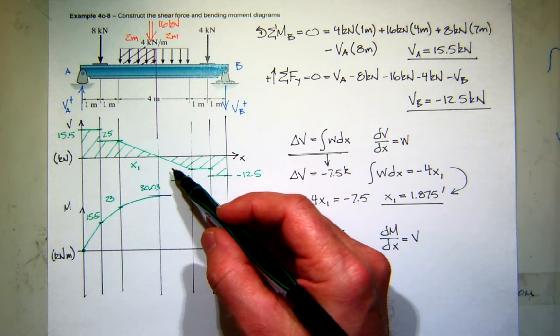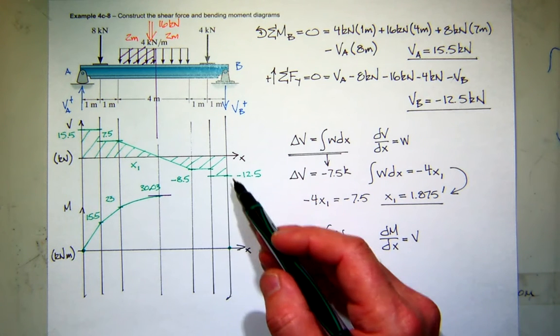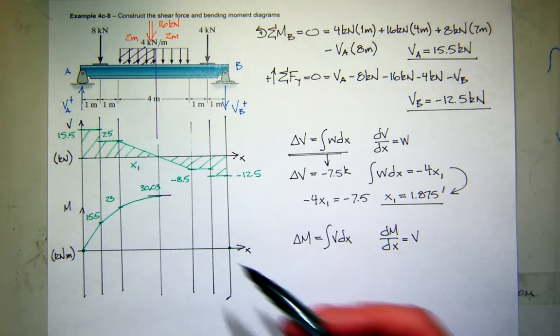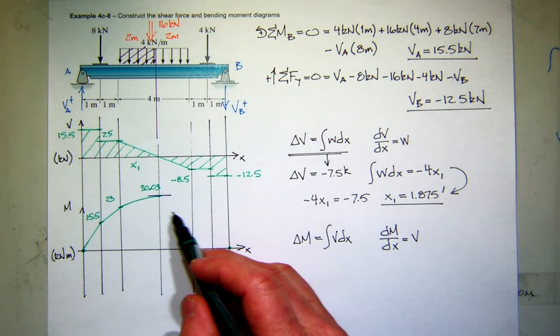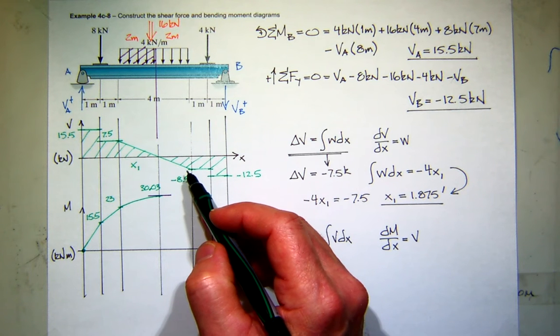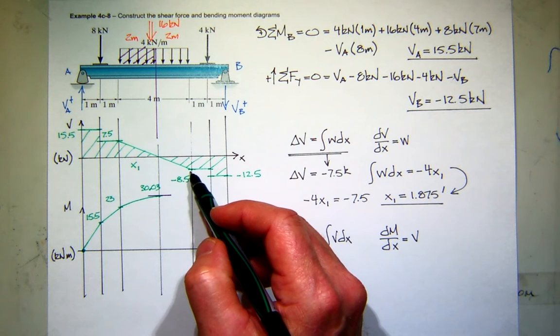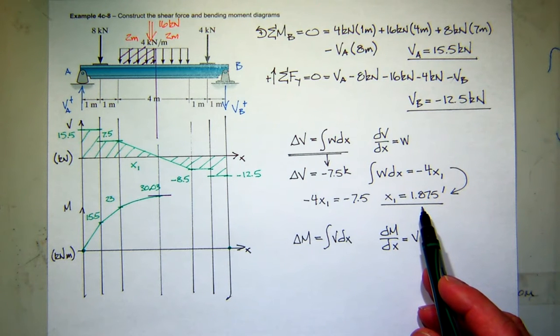All right, let's hope that as we apply these same conditions to the right side of the beam that we end up at 0. So the next section will be this area. Again, it's a triangle, so there'll be 1/2 base times height. The base here will be 4 minus that, so that's 2.125.